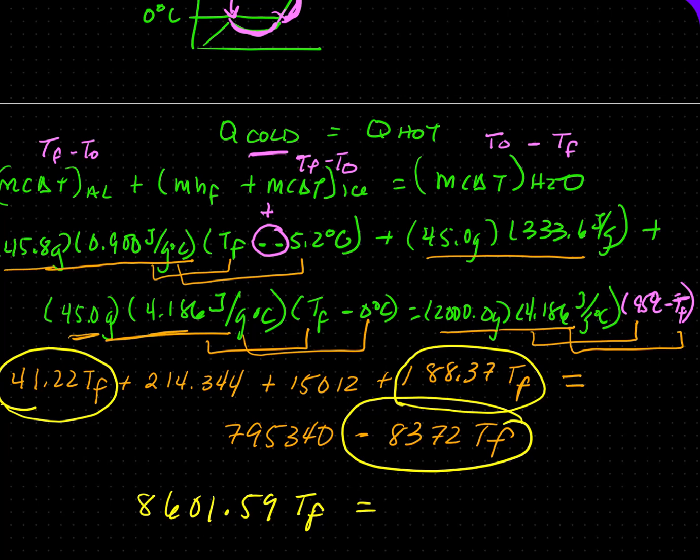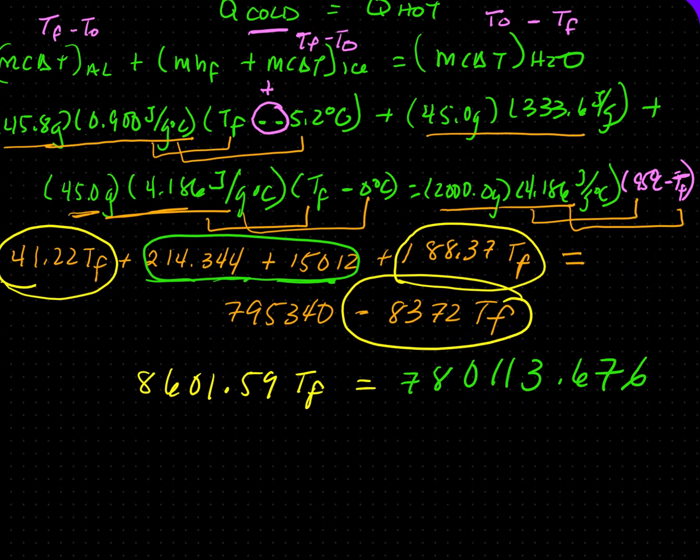Since I moved all the T finals to the left side, I need to move 214.344 and 15,012 to the right side. So these two numbers are going to be subtracted from 795,340. So you can divide both sides by 8,601.59.